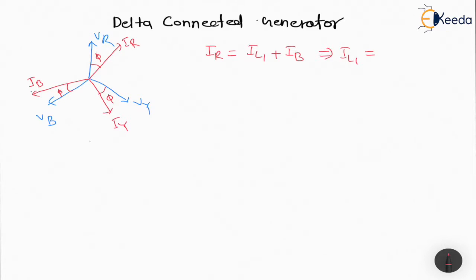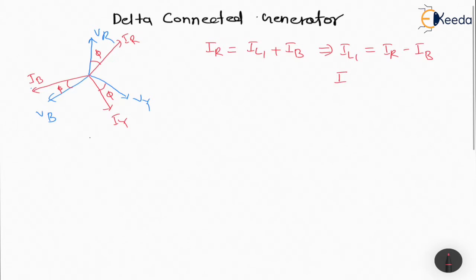So that means IL1 is equal to IR minus IB, and in the same way IL2 will be equal to IY minus IR, and IL3 is equal to IB minus IY.